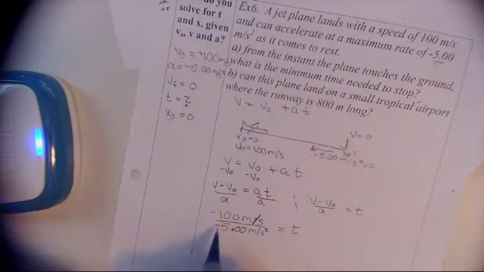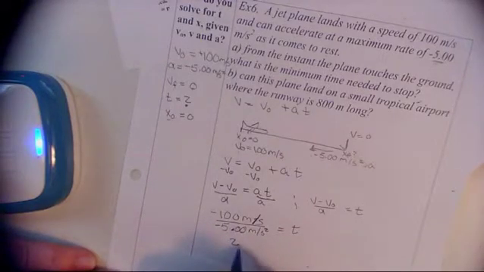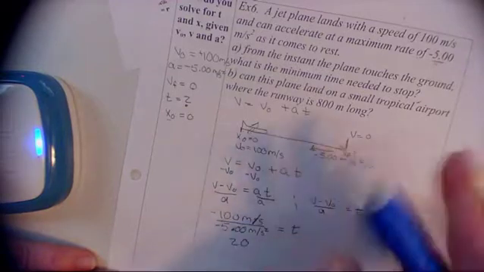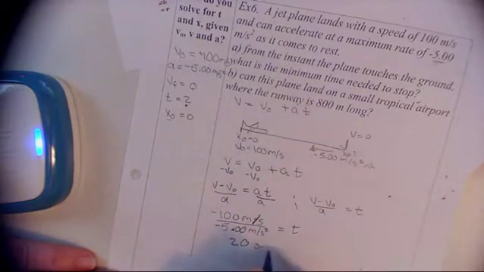So this is a happy thing. The negatives cancel out and become positive. 5 into 100 is 20. The meters cancel out, and we are in just time. 20 seconds is t.